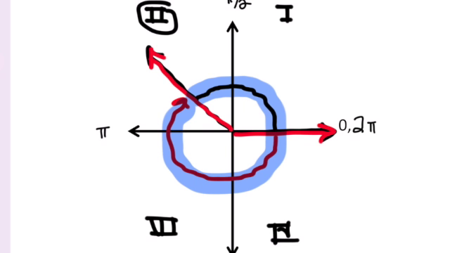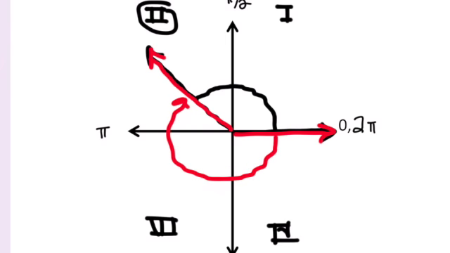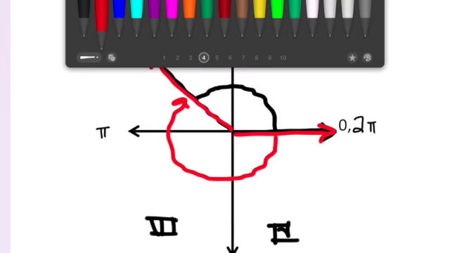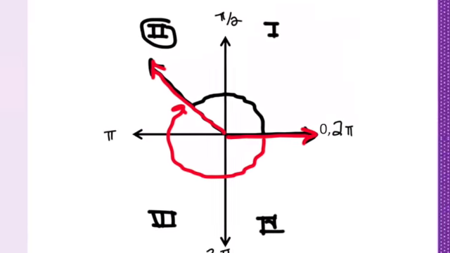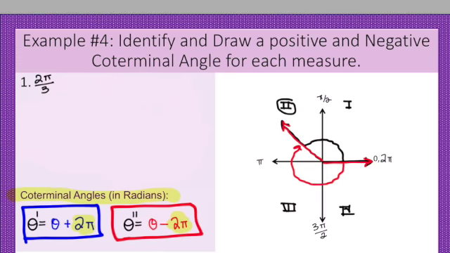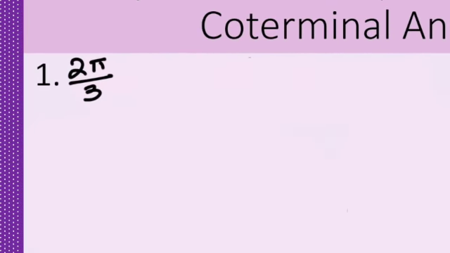In degrees, one full revolution is 360. In radians, one full revolution is 2 pi. So that's where that 2 pi comes from. So we're going to now find that angle in the red, that coterminal angle, using 2 pi over 3.